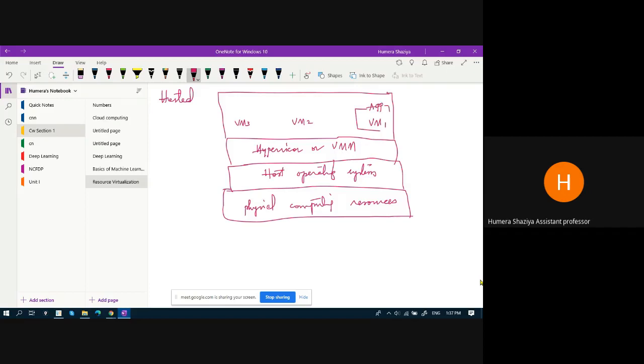This is an application built on virtual machine 1, this on virtual machine 2, and this on virtual machine 3.